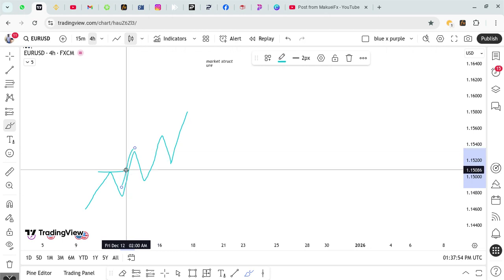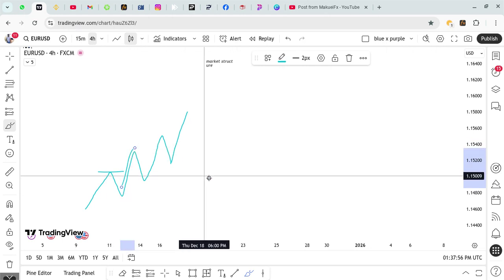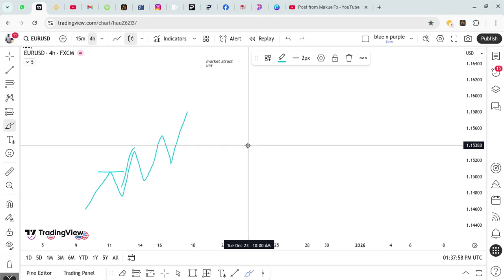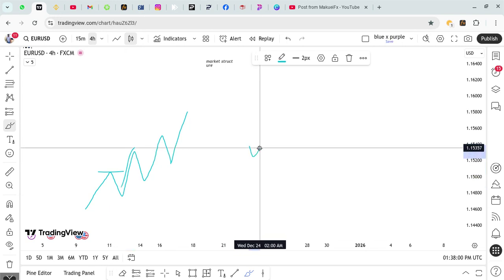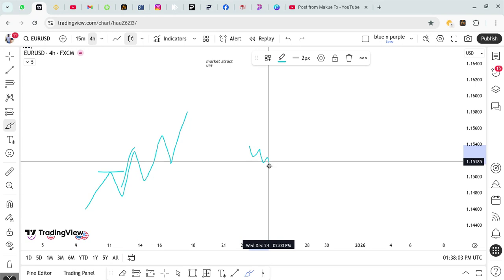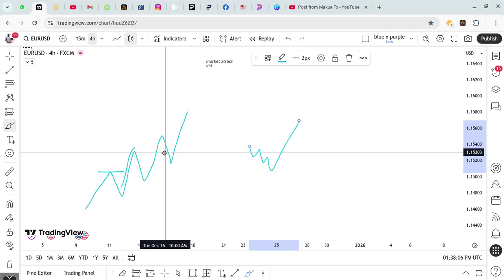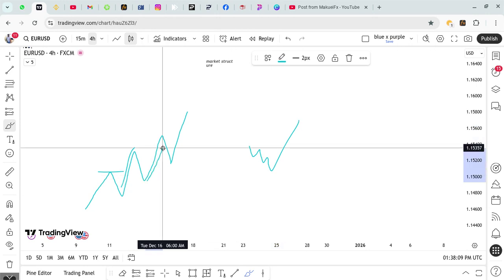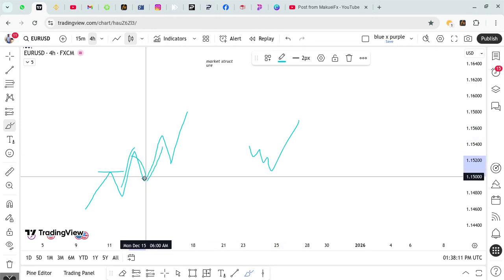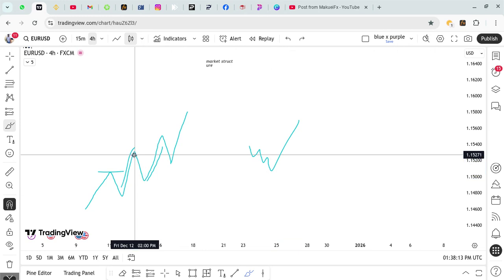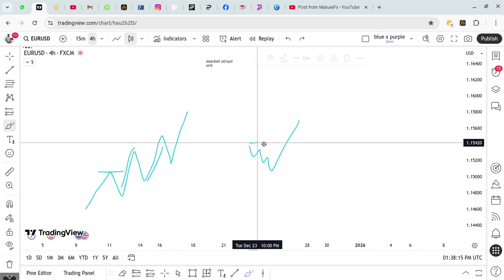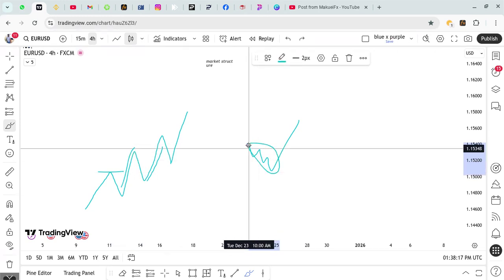As the market breaks this high, there's something we call a correction phase. It's a short-term movement against the overall direction before we get the original direction, which is this.